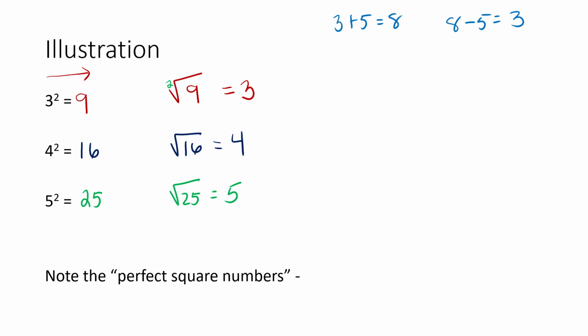Now, note the perfect square numbers. Perfect square numbers are our integers squared. So 1 squared is 1, 2 squared is 4, 3 squared is 9, 4 squared is 16. And typically, we can go a little bit further out than that.